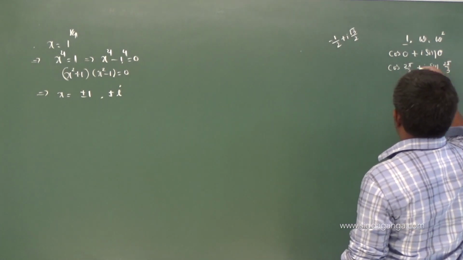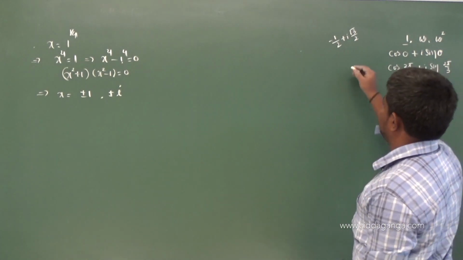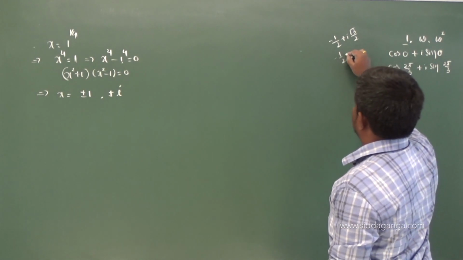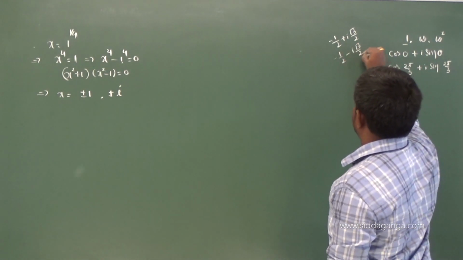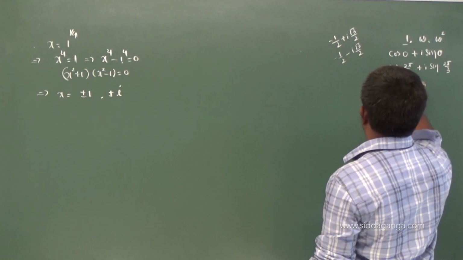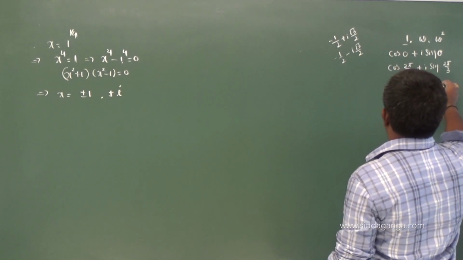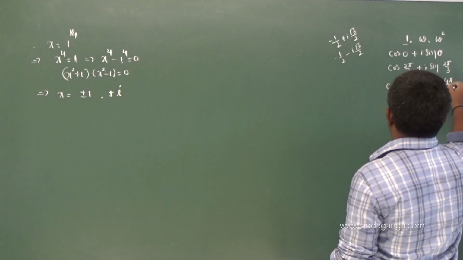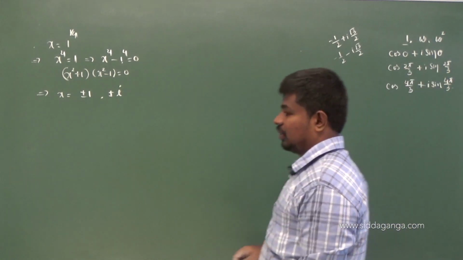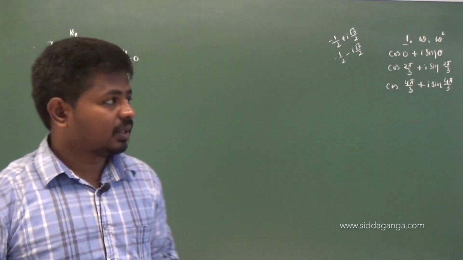Okay, so the argument is 2 pi by 3, and one more is minus 1 by 2 minus i root 3 by 2, that can be written as cos 4 pi by 3 plus i sin 4 pi by 3. The argument is 4 pi by 3 in this case.